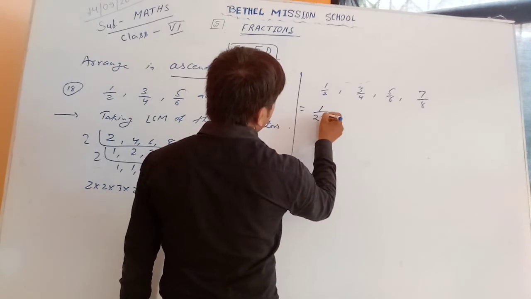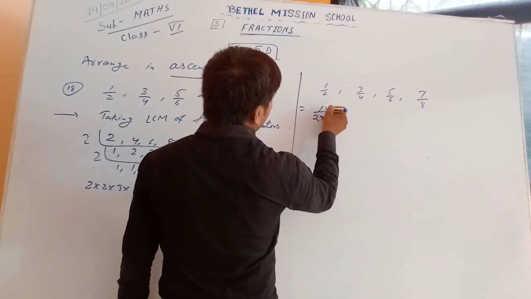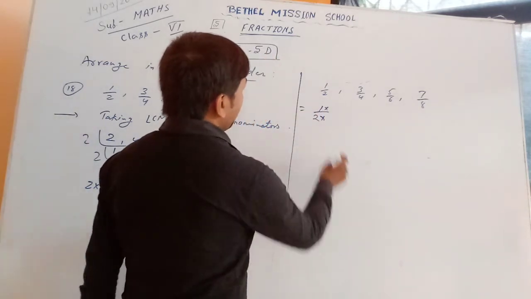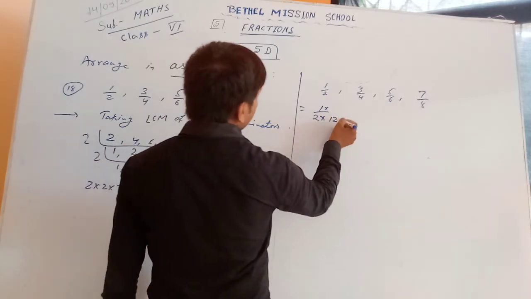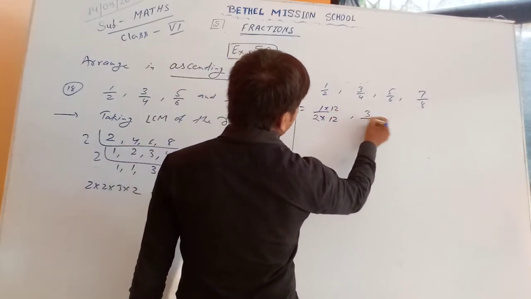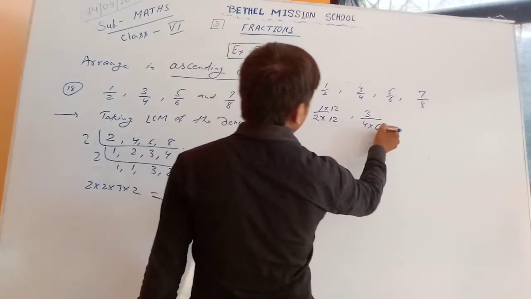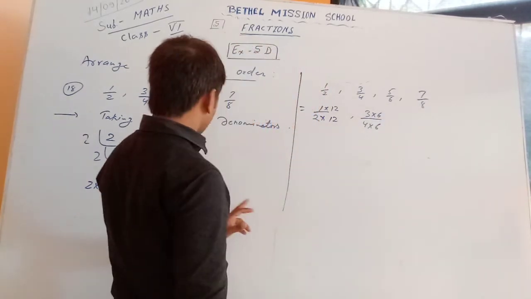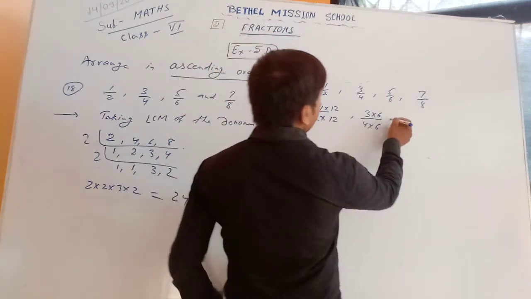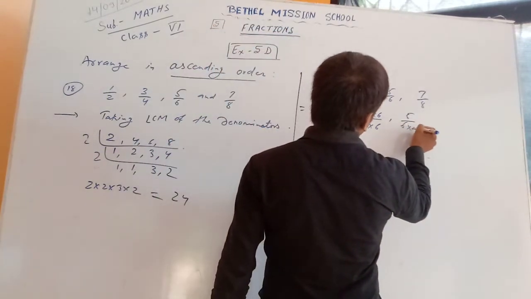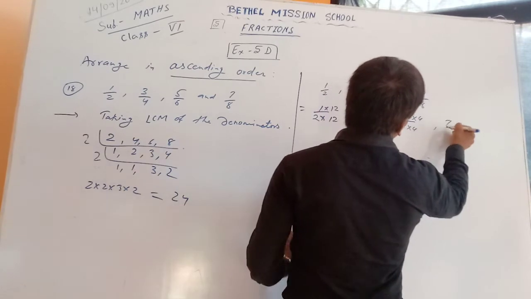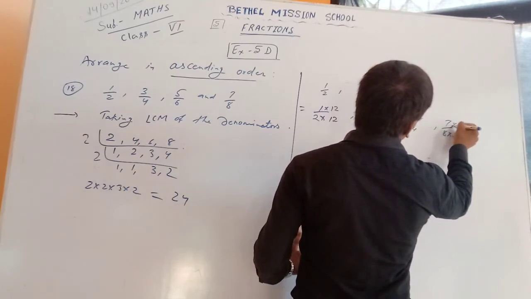For 1 upon 2, multiply by 12 to make 24. For 3 upon 4, multiply by 6 to make 24. For 5 upon 6, multiply by 4, and for 7 upon 8, multiply by 3.